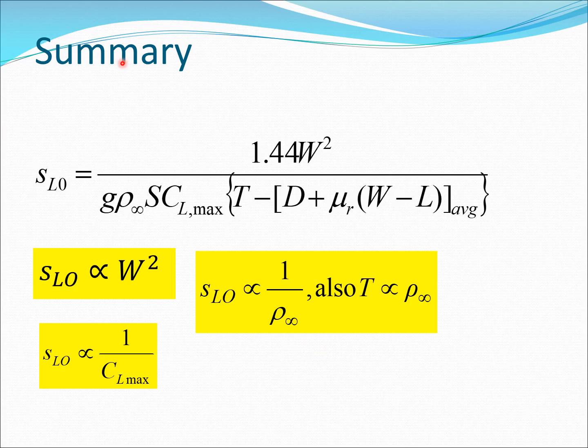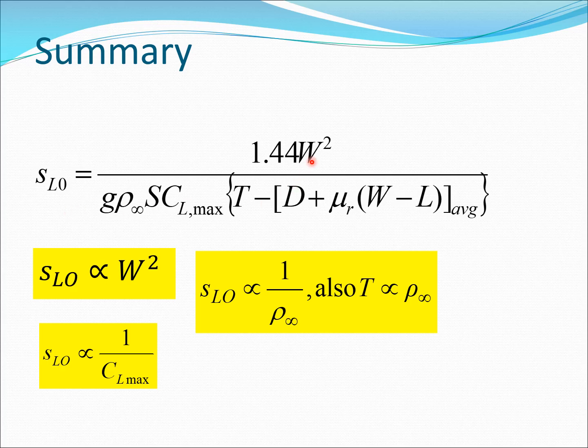So to summarize, today we derived this equation, which is essentially the math model for takeoff, and it gives us the length of the airstrip that should be at a minimum for the aircraft to lift off.